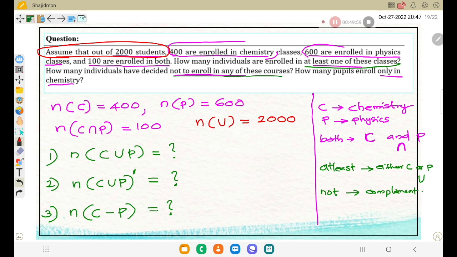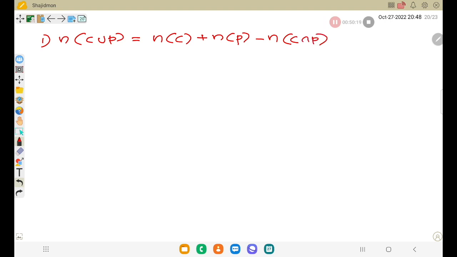First, the first question: the number of chemistry union physics. We studied one rule: the number of students in chemistry plus the number of students in physics minus the number of students in chemistry intersection physics. That is the number of A union B rule, the relationship between intersection and union.